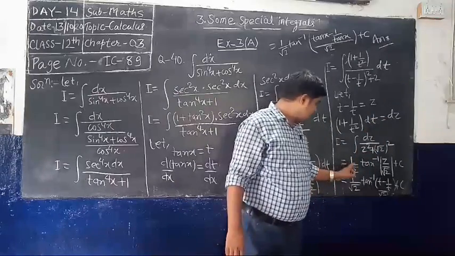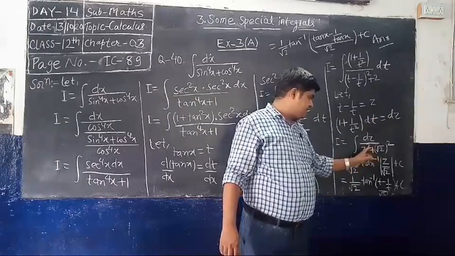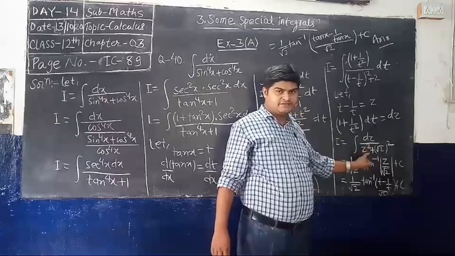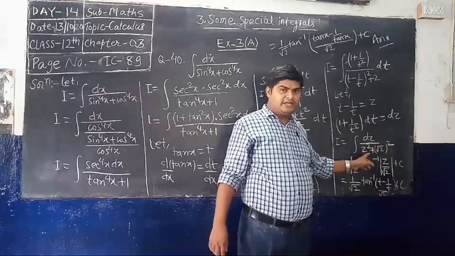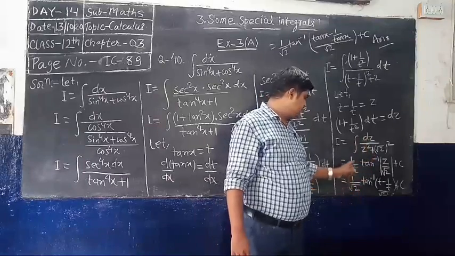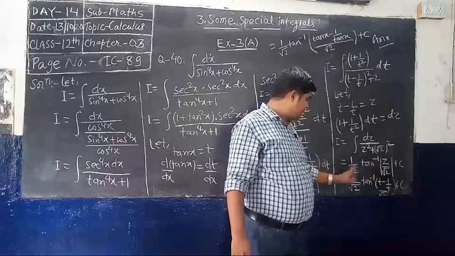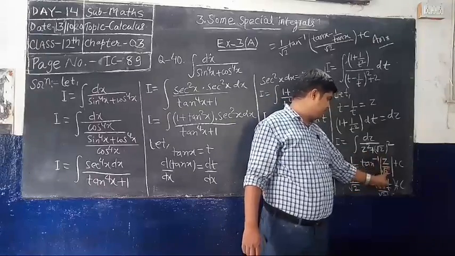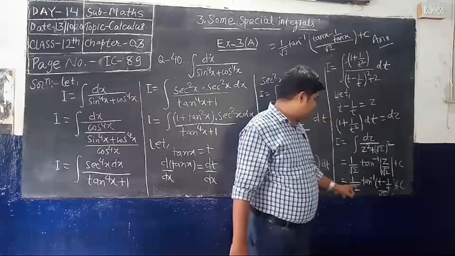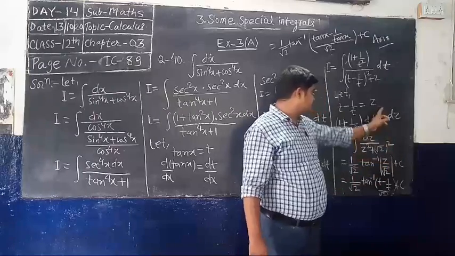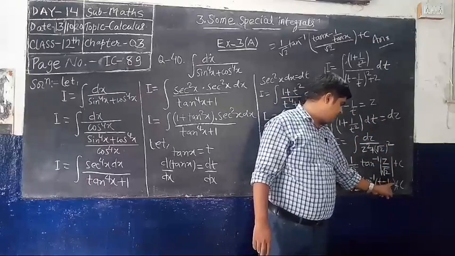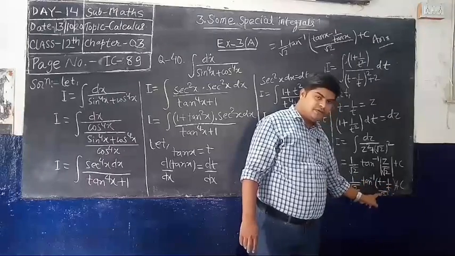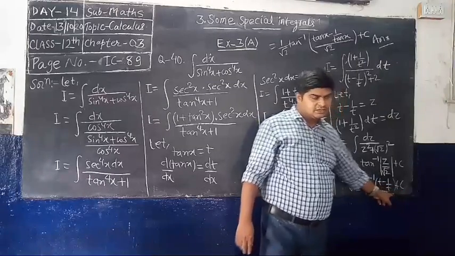Okay. Now you know the integration of 1 by a square plus x square is equal to 1 by a tan inverse x by a. 1 by a is here 1 by root 2, so 1 by root 2 tan inverse x by a, where x is z and a is root 2, plus a constant. 1 by root 2 tan inverse, put the value of z, that is t minus 1 by t, divided by root 2, plus a constant term.